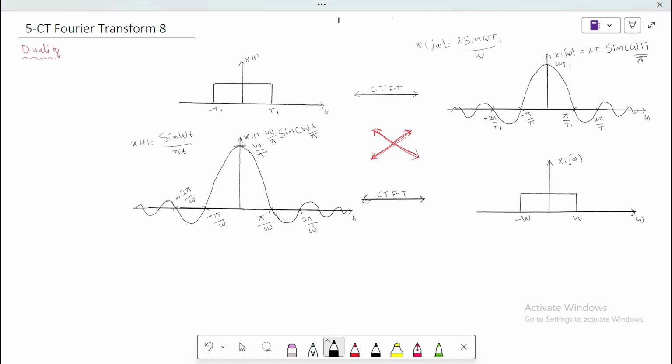So this is about the Fourier transform, inverse Fourier transform, duality and everything. I have given the information. Next class we will discuss properties of the Fourier transform, similar to what we learned in the continuous time Fourier series and discrete time Fourier series. Thank you.